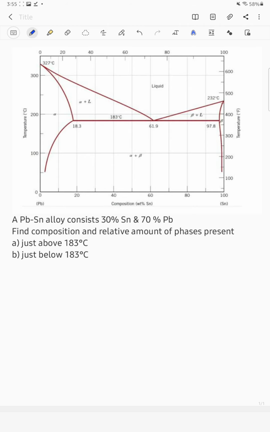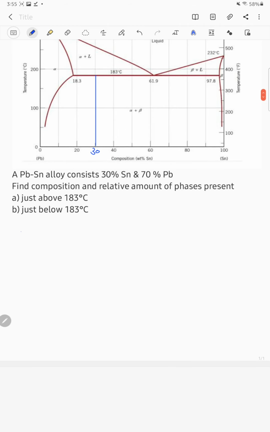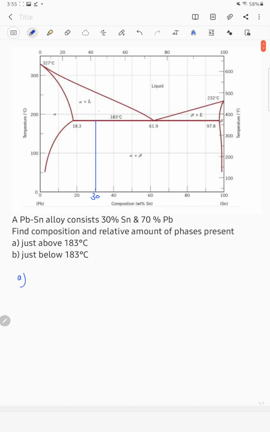First, the composition is 30% Sn. So let's draw a line at 30%. This is the 30% Sn composition line. Now the first part, just above 183 degrees Celsius. Just above 183 degrees Celsius is this region.